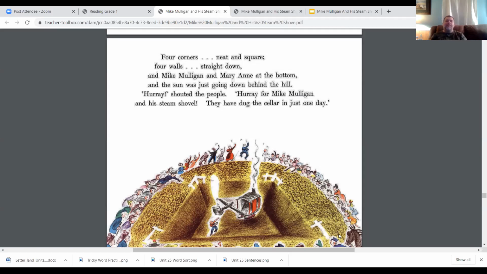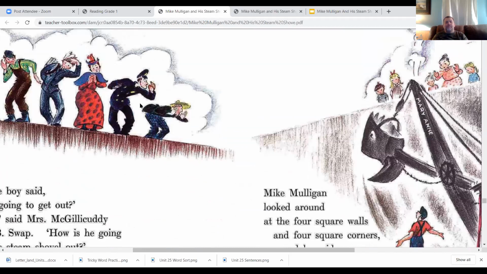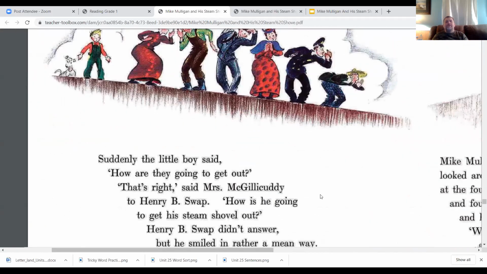"Hooray!" shouted the people. "Hooray for Mike Mulligan and his steam shovel. They have dug the cellar in just one day." Suddenly the little boy said, "How are they going to get out?"